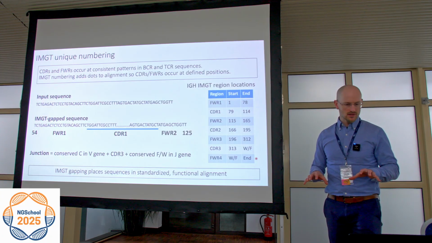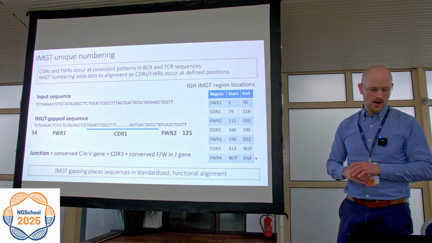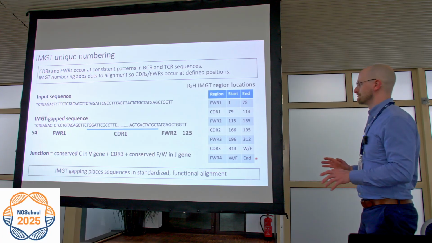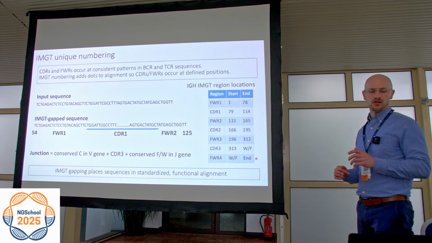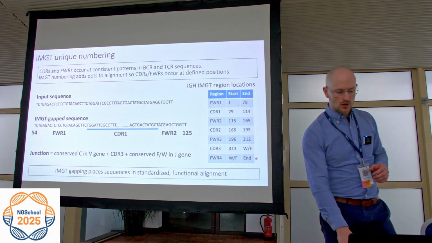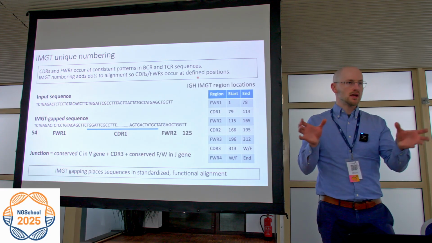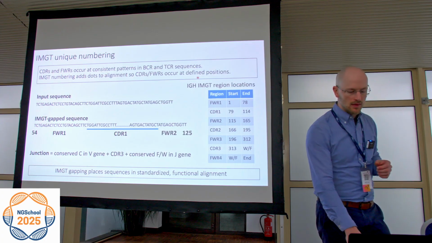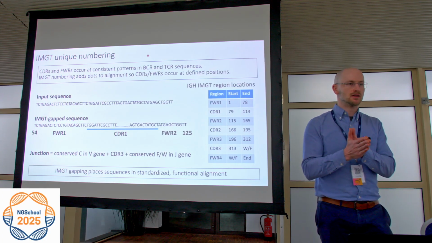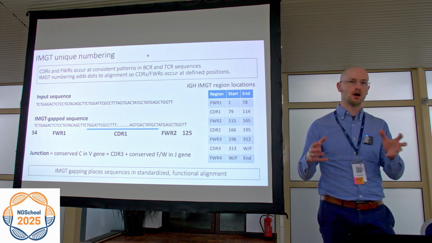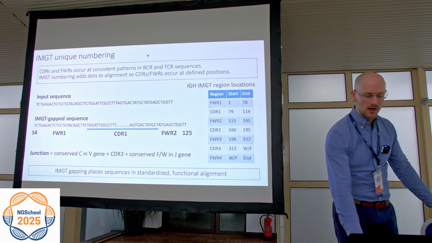One important concept for BCR and TCR analysis that is a little hard to get at first is what's called IMGT unique numbering. So this is a numbering and alignment system that is developed because CDRs and frameworks occur at consistent places within BCR and TCR sequences.